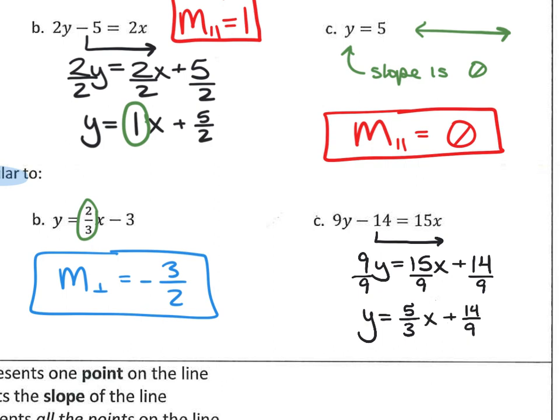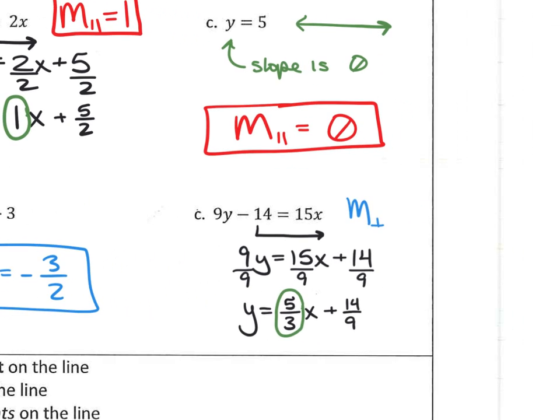It doesn't reduce. Okay, what is the slope of this line currently? 5/3. If we want the perpendicular slope, what slope are we going to use? Almost. Negative 3/5. There you go. We have to flip and flip. So we not only flip the fraction, we flip the sign.